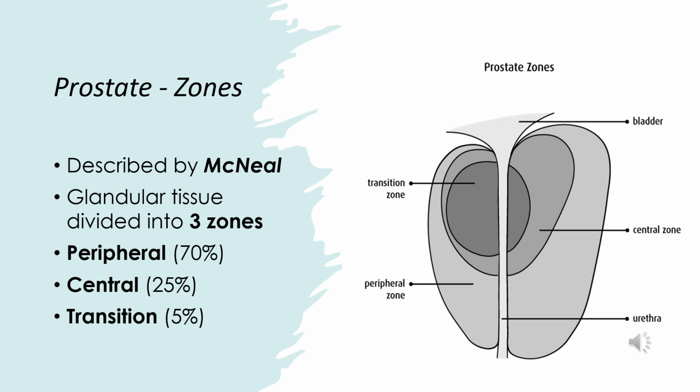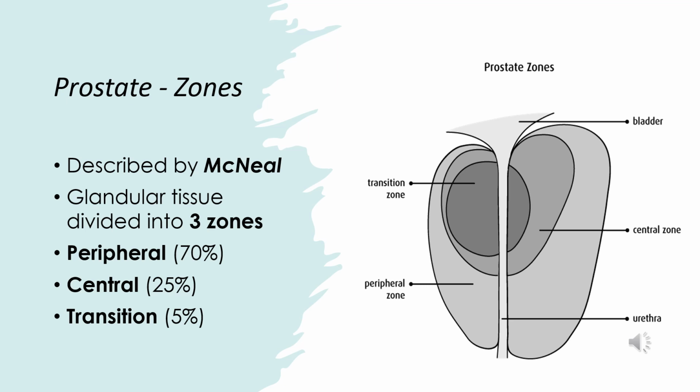So you get a peripheral zone which constitutes about 70% and is located posteriorly in relation to the rectum, and it forms the main body of the gland. Embryologically, it is derived from the urogenital sinus.